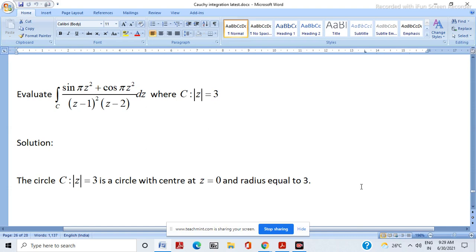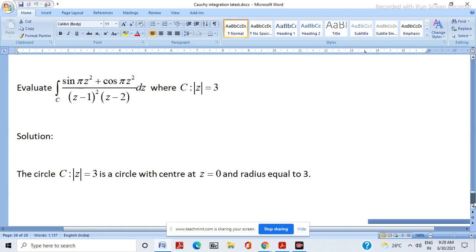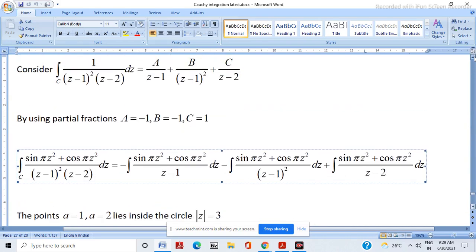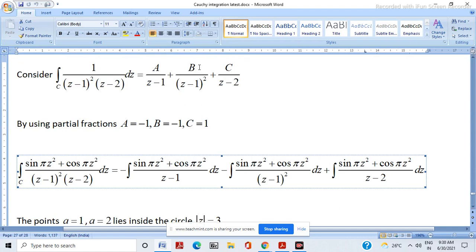Then we have to do partial fraction for 1 by (z minus 1) all square into (z minus 2). That can be written as a by (z minus 1) plus b by (z minus 1) all square plus c by (z minus 2). Then we find out the values for a, b, c. After that we got a minus 1, b minus 1, c 1. Now substitute in the integral. We will divide that integral into 3 integrals.